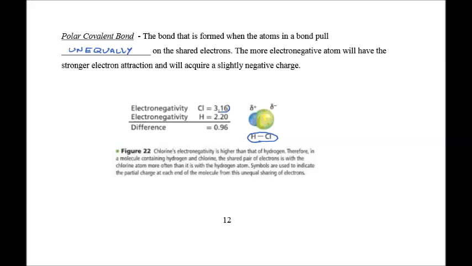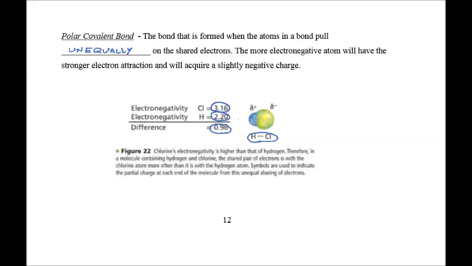So here's HCl. Chlorine has an electronegativity of 3.2. Hydrogen, 2.2. So essentially the difference is this. So we are in the polar covalent region of electronegativity difference.